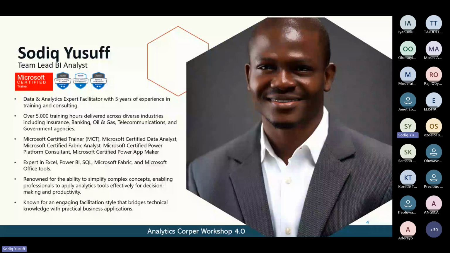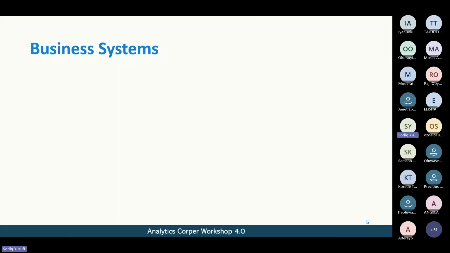Business intelligence. Now let's quickly dive into the business aspect. Before we even go to Power BI, let's have a few discussions about it. Across the globe, all organizations operate on two systems, which we call business systems. Before we get to the intelligence part of the business, what are the systems that every business has in place?